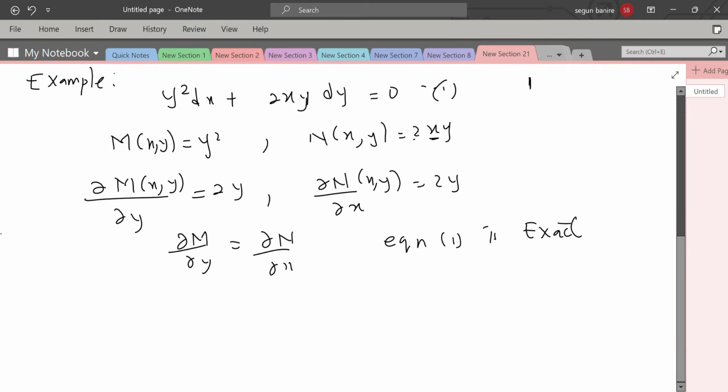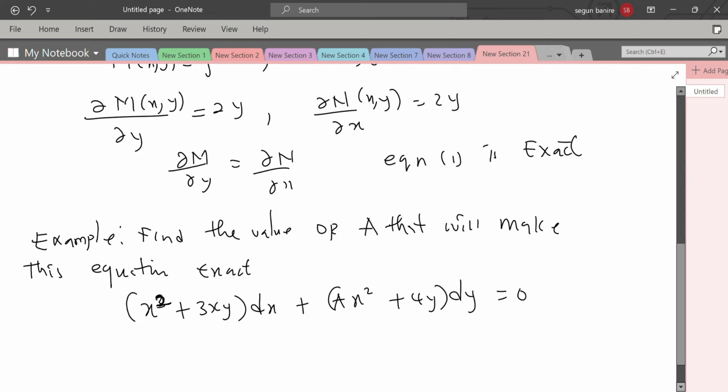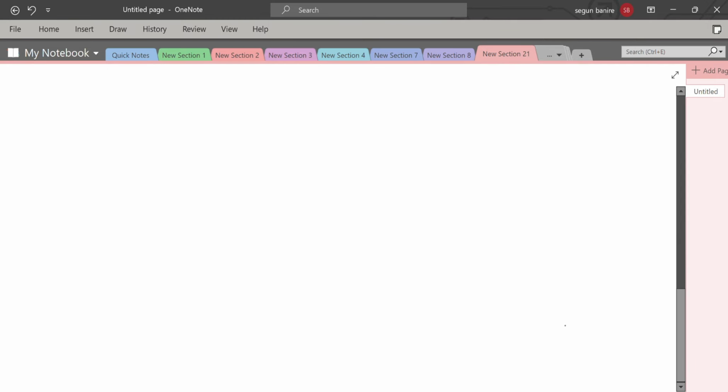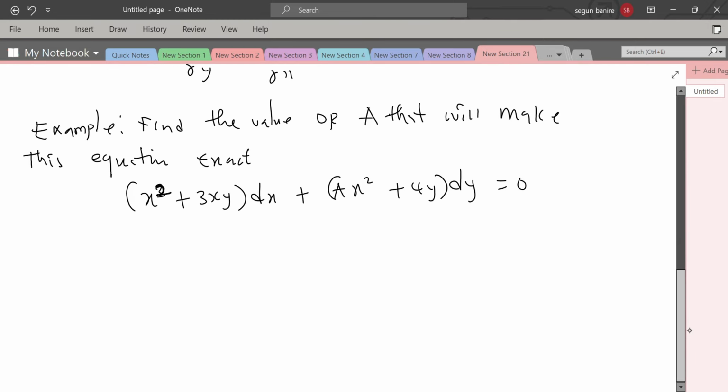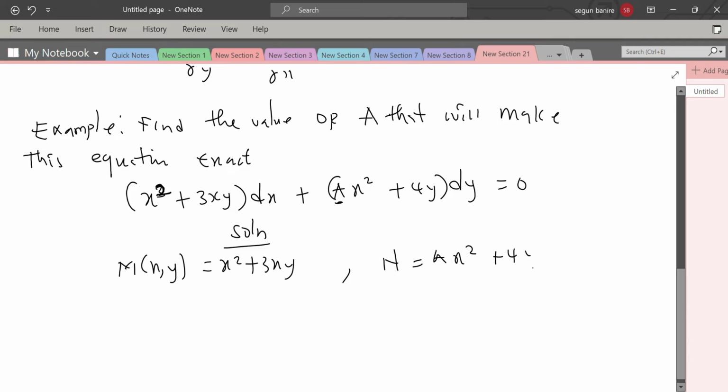Sometimes you could be asked to find the value of a constant that will make an expression exact. Now if I have this given equation, what will be the value of a that will make this equation exact? We stick to the formula. M is x squared plus 3xy, and then N is ax squared plus 4y.